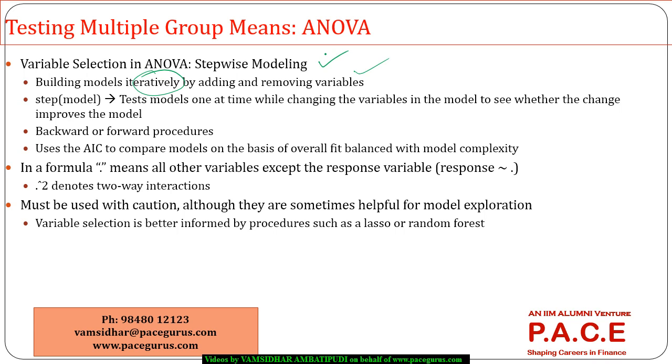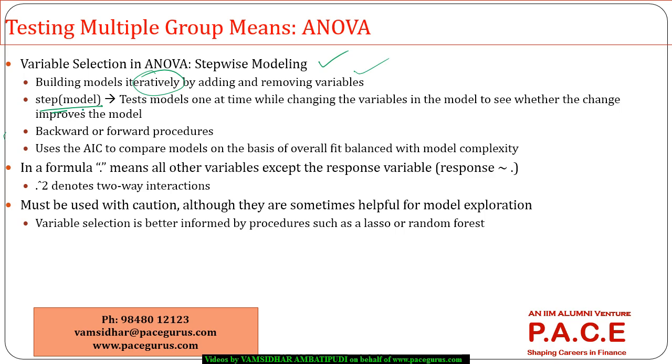So this is what I am calling adding the variables. Either it could start with nothing and keep going by adding one variable at a time, or it starts with all the variables, knocking out one by one, and finally builds up the complete model. So we can use a step, right? Step of a particular model.